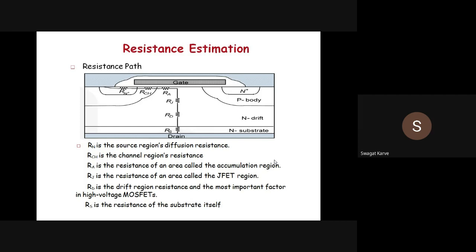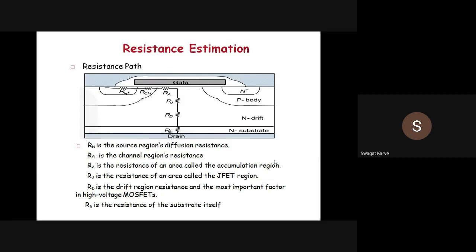Then you have the resistance RD, the drift region resistance, right? It is the most important factor when you are talking about the high voltage MOSFET. For the low voltage MOSFET, or your conventional MOSFET, you can neglect this resistor, but in case of a high voltage MOSFET, you should give importance to the drift region resistance, RD.